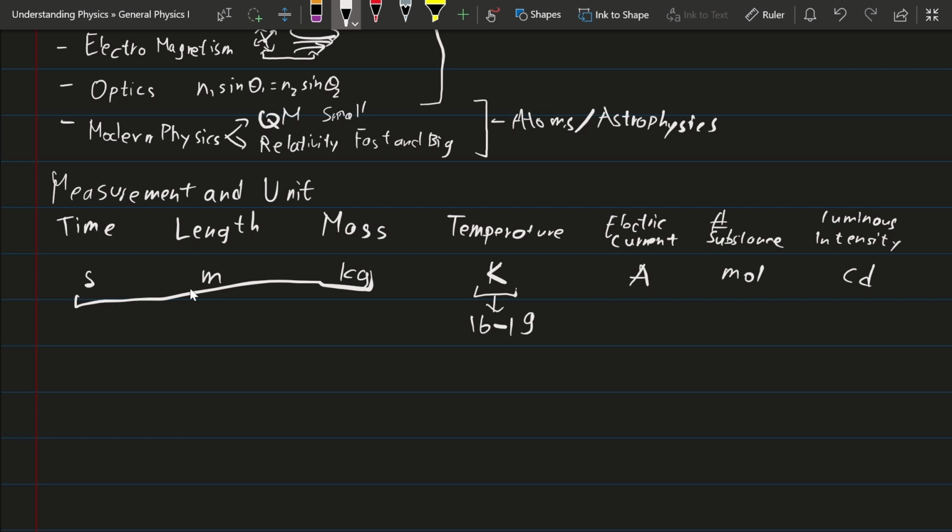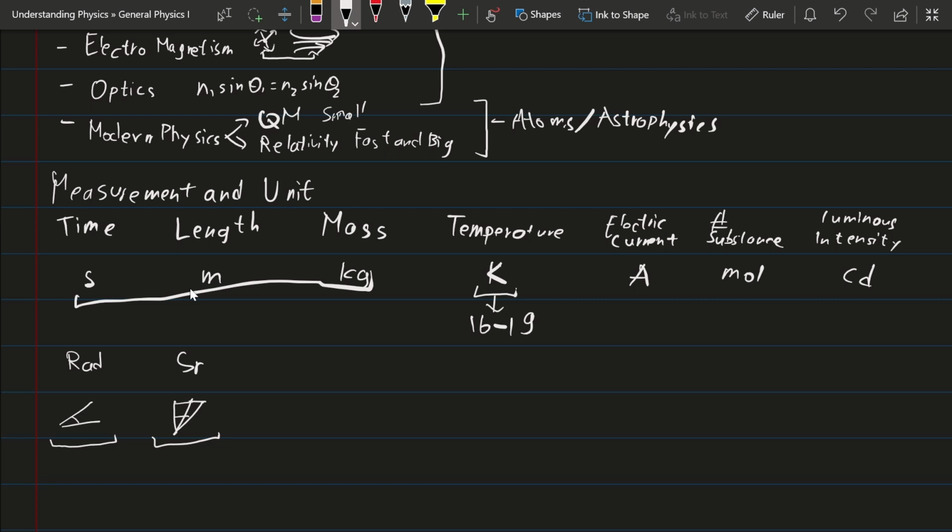Along with that, we also have geometric units such as radian and steradian, which discuss angles within 2D as well as within 3D. We will be mainly focusing on radians, but you might need to know steradian later on for other advanced courses.